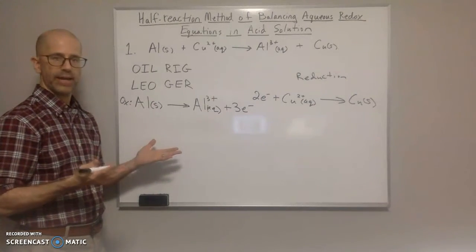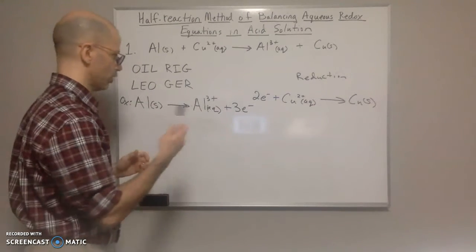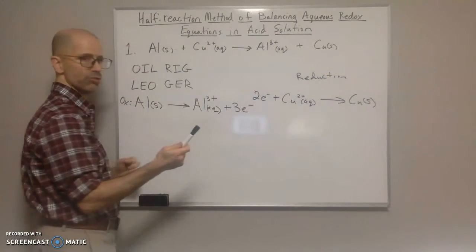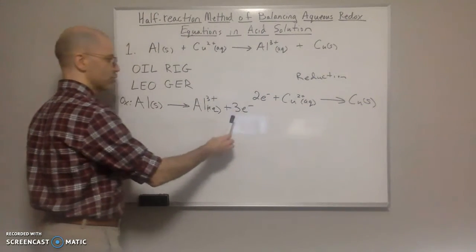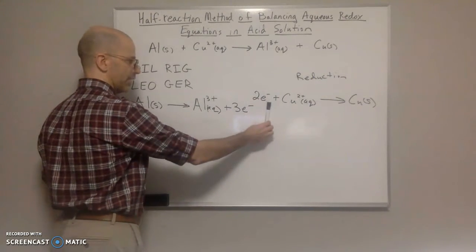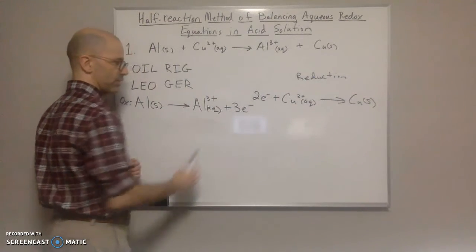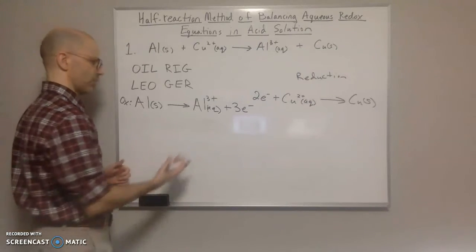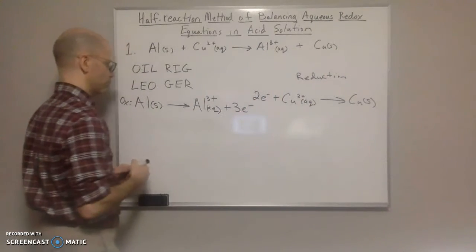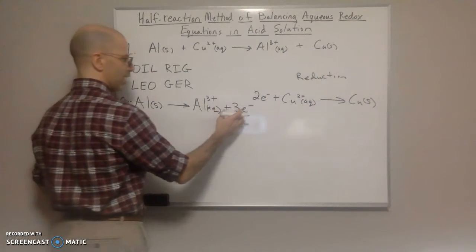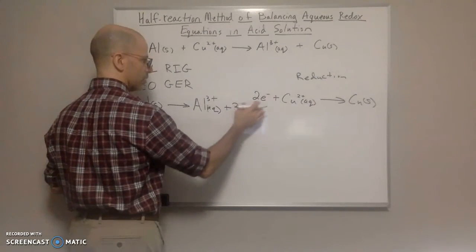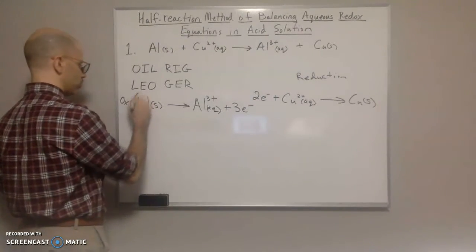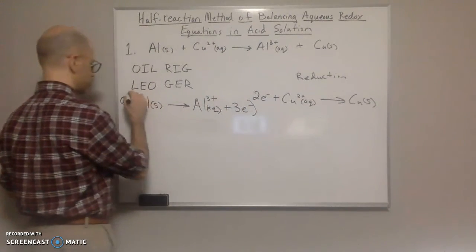So once you've done that and everything's balanced, now you're going to add these back together. But before you do that, you need to make sure that the number of electrons are the same for both of these, so that they can cancel out when you add them back together. So here I have 3 and here I have 2. So the common number between these two is going to be 6. So I'm going to have to multiply this by 2.